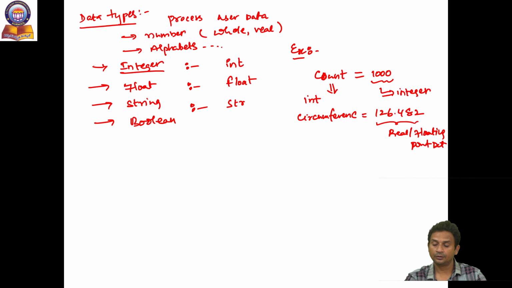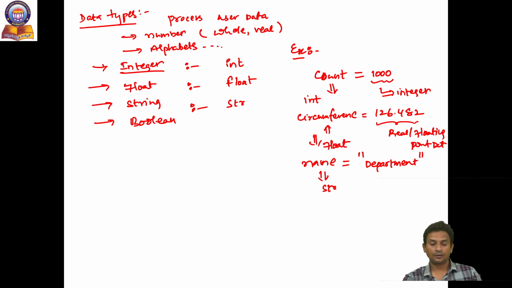Whenever this value is stored in the variable circumference, the data type of circumference will automatically become float. Similarly, if you store a string, a sequence of alphabets like department, then the data type of the variable will become string.